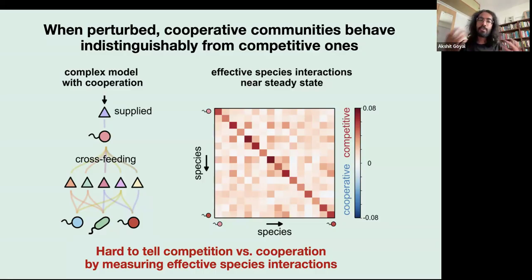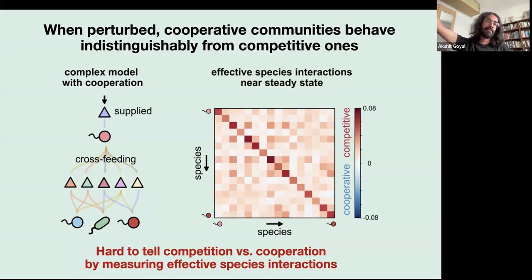And I would say essentially most of those papers are based on measuring these kinds of matrices, maybe not the entire matrices, but subparts of these matrices. What you really do is you look at communities in different situations when they're perturbed and ask how species respond. And some people say, oh, well, I see competition, right?